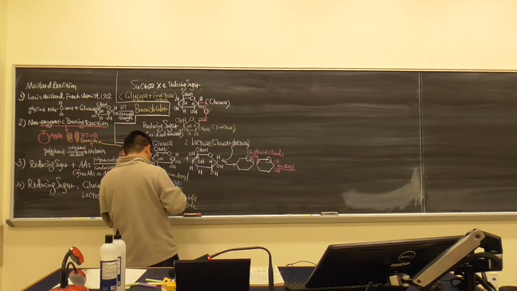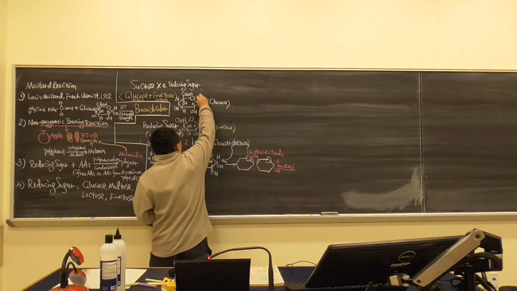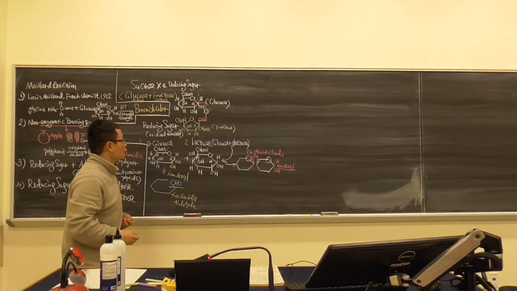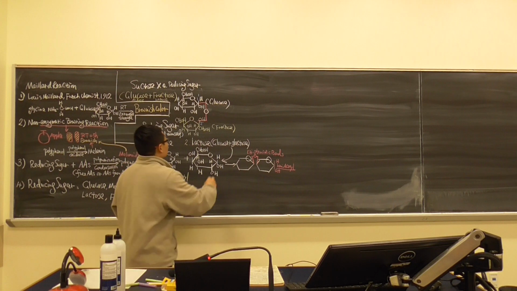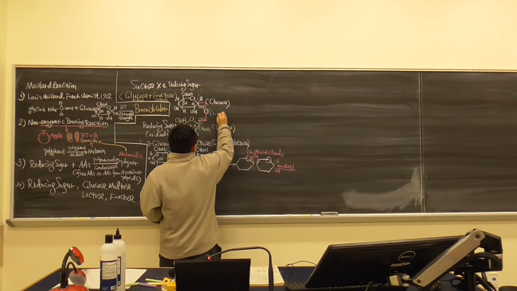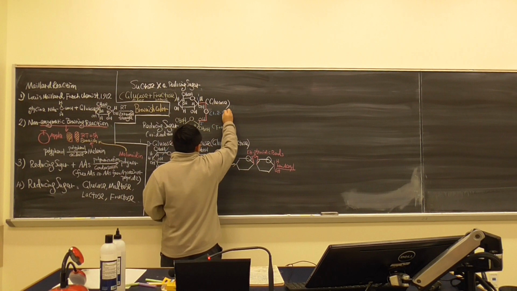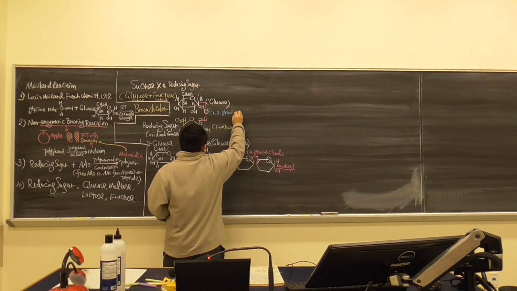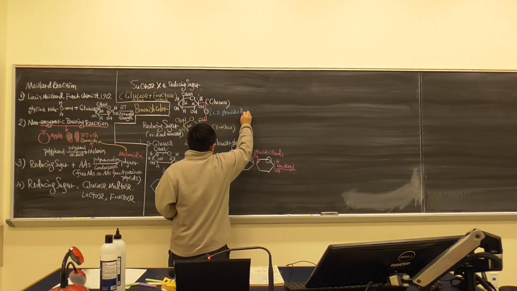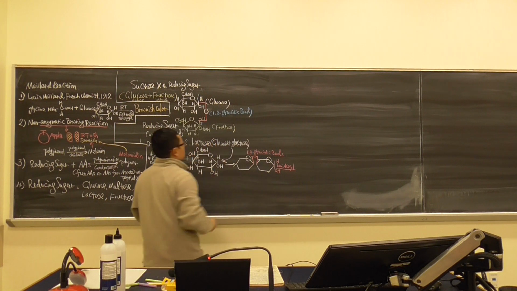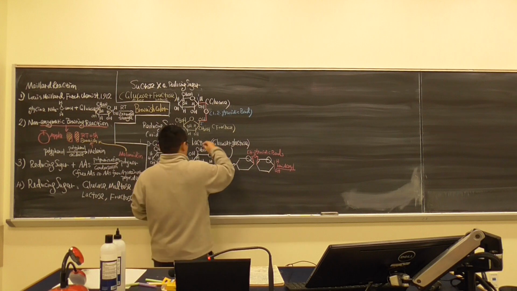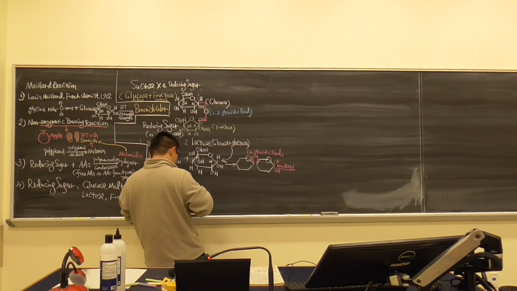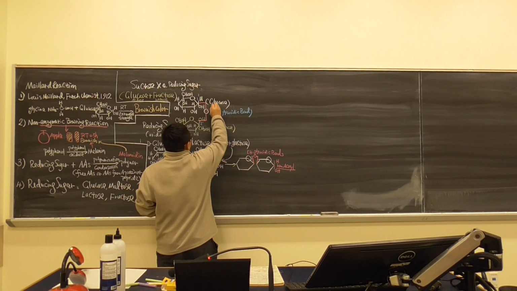So, on the top glucose, this is 1 prime. On the bottom fructose, this is 2 prime. Therefore, this is a 1,2 glycosidic bond. And we call this an acetal, okay? Acetal, sorry.